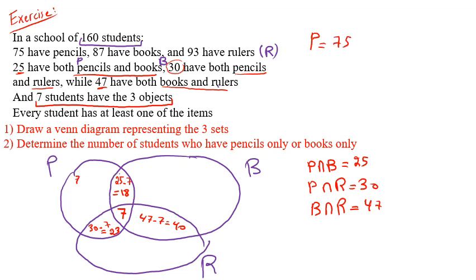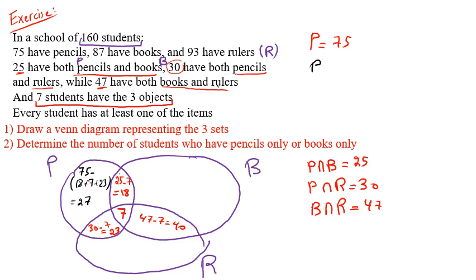We put 75 here minus, let's make the last step, 75 minus 18 plus 7 plus 23. 18 plus 7 plus 23 is equal to 48. 75 minus 48, the answer will be 27.